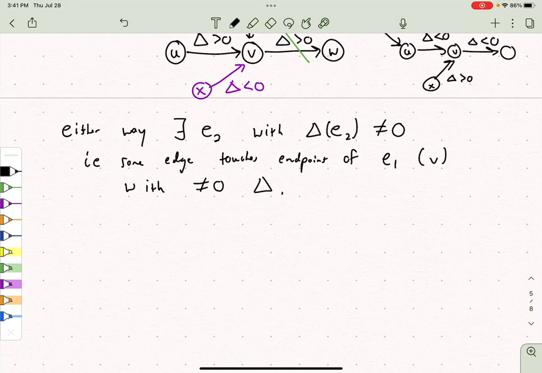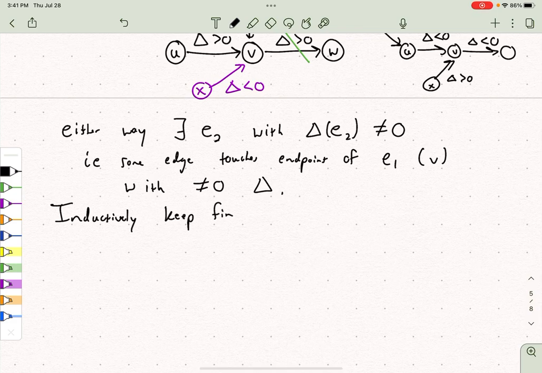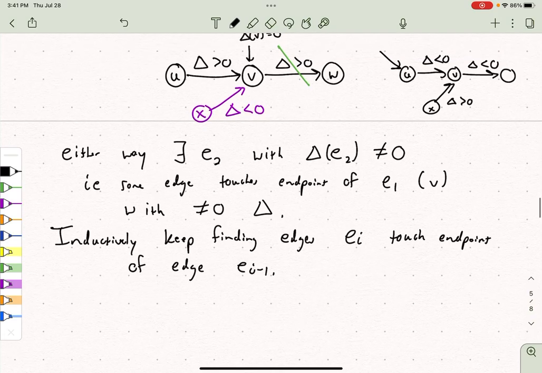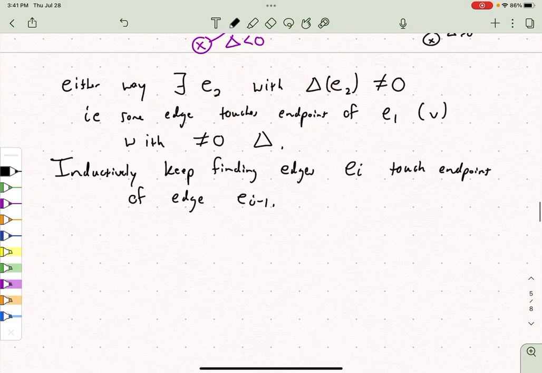So what will this be? Well, inductively, we can keep finding edges Ei that touch the endpoint of edge Ei minus 1. Why? That's because of conservation.